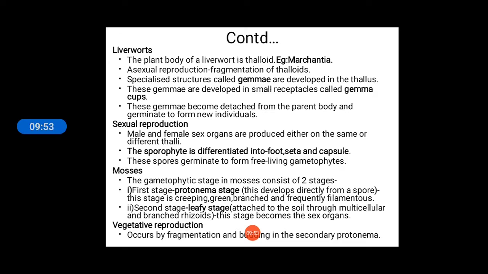The first is liverwort. The plant body of a liverwort is thalloid. We have also come across this word thalloid in our previous classes. Thalloid means the body cannot be differentiated into leaves, stem and roots.